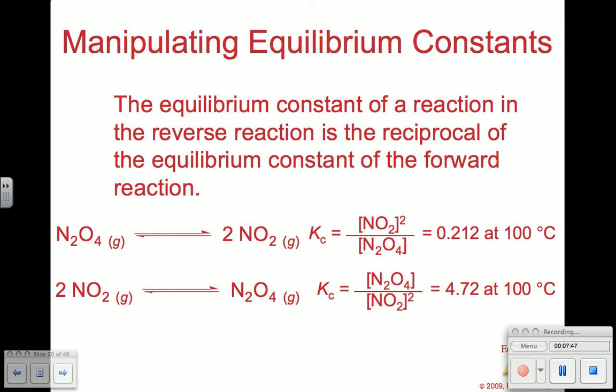So basically, the easiest way to do that is take 1 and divide it by the equilibrium constant for the first reaction, and you get the equilibrium constant for the reverse reaction, writing it the other way.